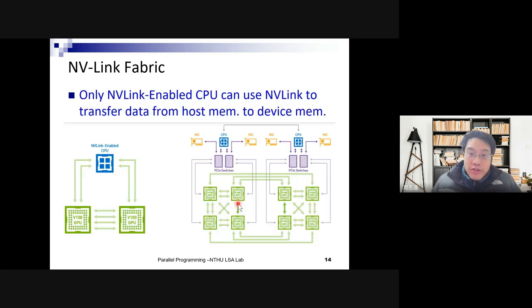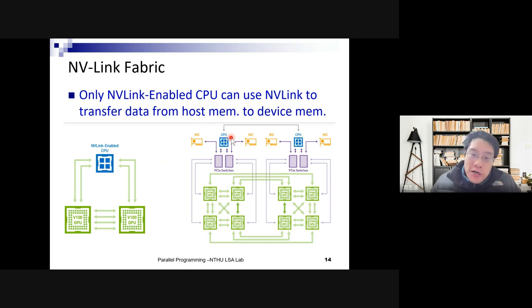Anyway, there are a lot of changes happening over the past few years to provide performance to solve this memory transfer bottleneck. This link, as we mentioned, is mostly connected between those GPUs, because if you want to connect to the CPU, you need to modify your motherboard, and even modify the CPU.